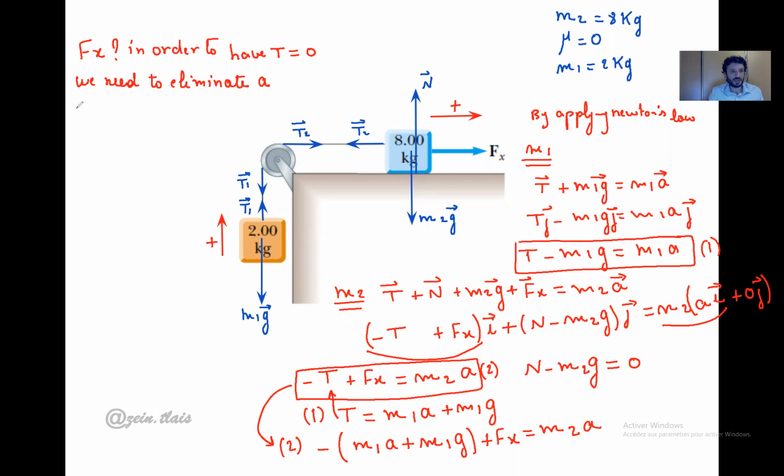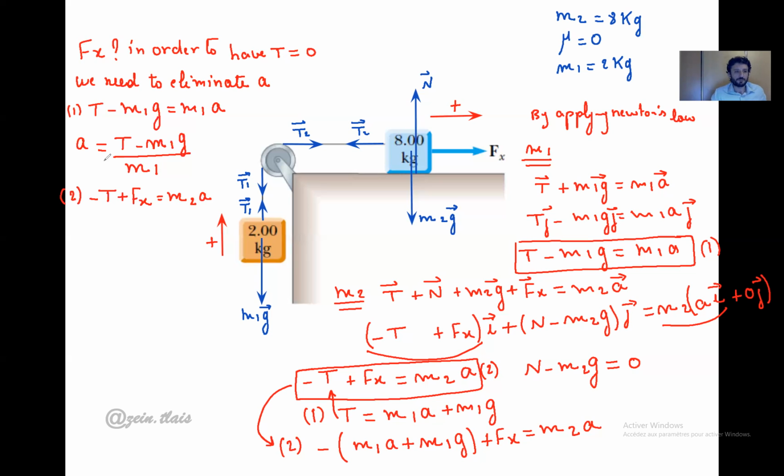Okay, we have equation 1, t minus m1g equals m1a. We can say a equals t minus m1g divided by m1. We substitute this value in equation 2, which is minus t plus fx equal to m2a.